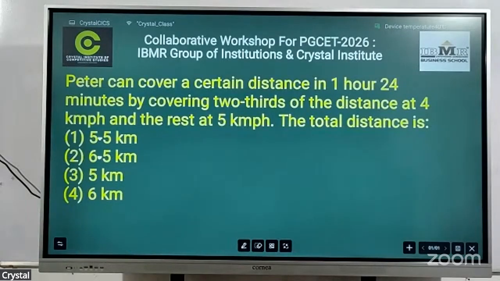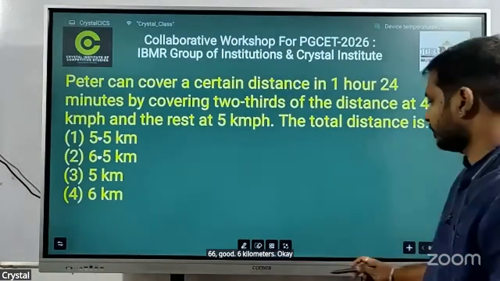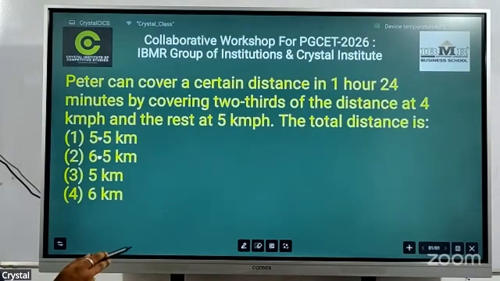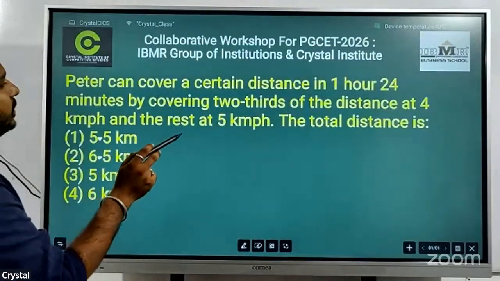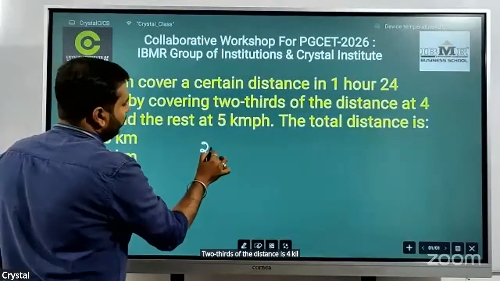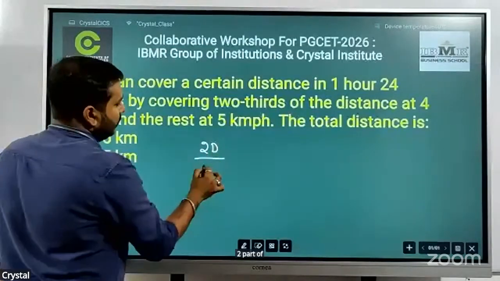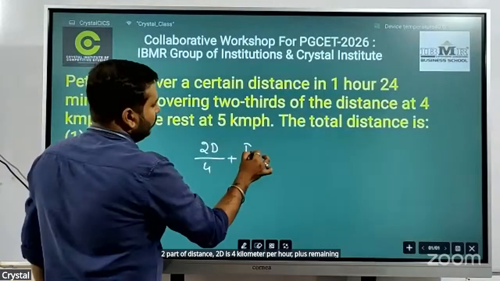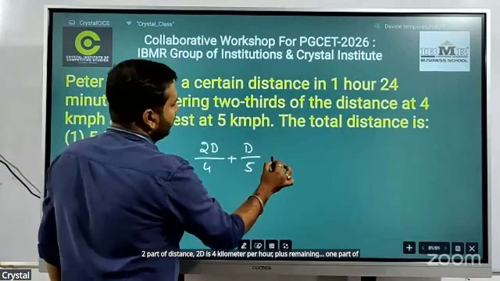Okay, 6 kilometers, good. Two-thirds of the distance is at 4 kilometers per hour. Two parts of the distance, 2d, at 4 kilometers per hour, plus the remaining one part, d, at 5 kilometers per hour.